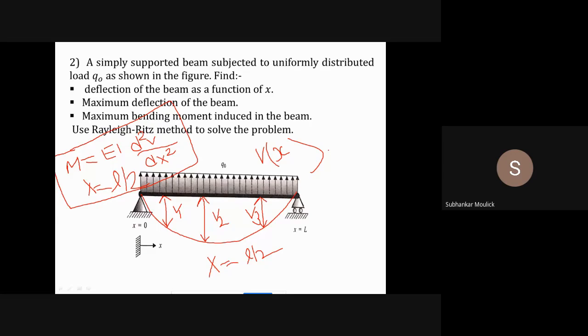Before starting the problem, in this problem neither the governing differential equation nor the natural and essential boundary conditions are given to you.